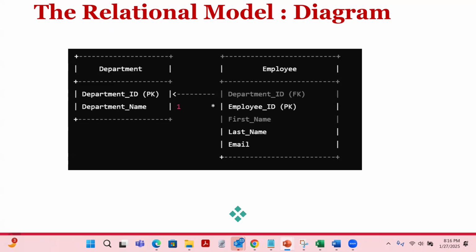Department ID is a primary key in department, and employee ID is a primary key in the employee table, and the employee table also has a foreign key to department.